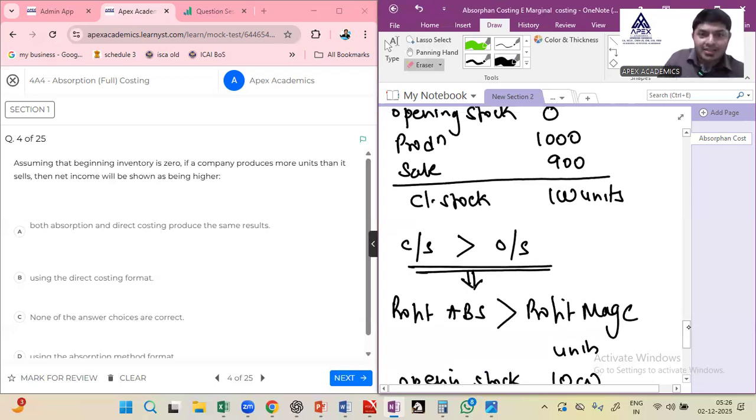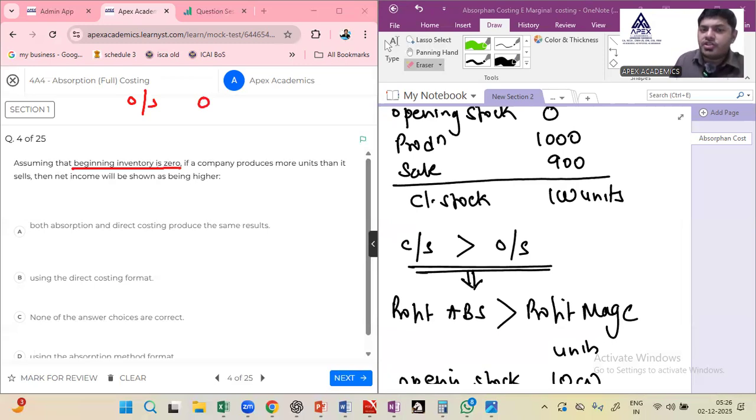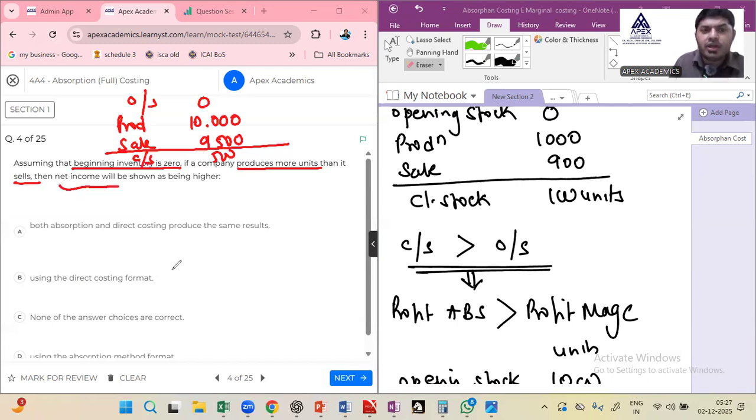MCQ number 4 says assume that the beginning inventory is 0, meaning your opening stock is 0. The company produces more units than it sells. So let us say, for example, by using the same sum, our production is 10,000 and our sale is 9,500 units. Obviously, my closing stock is going to be 500 units. Net income will be shown as being higher over where?